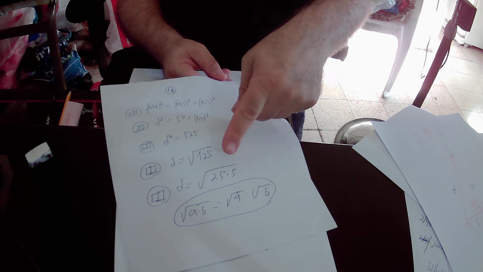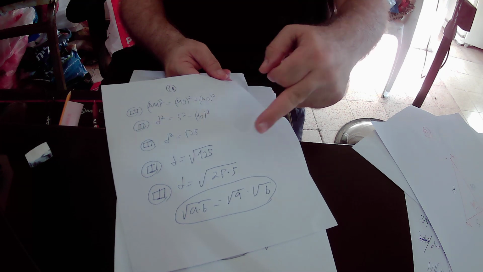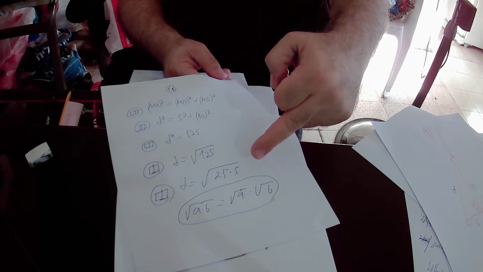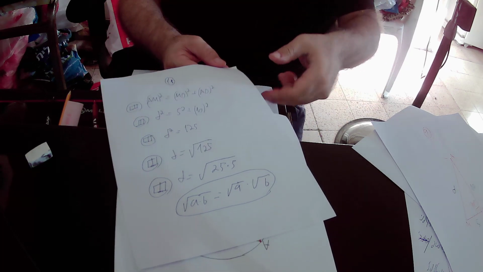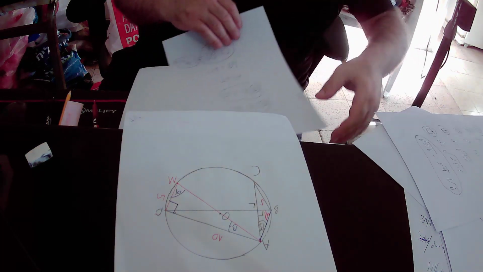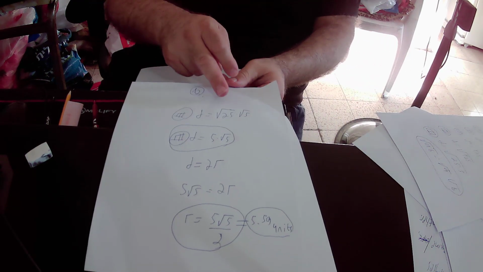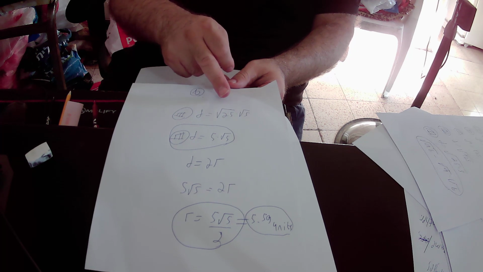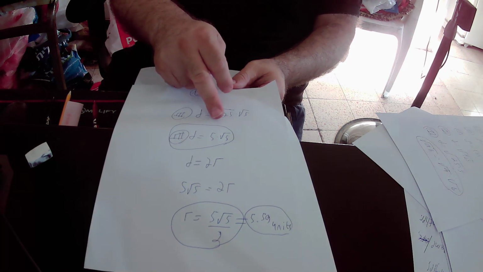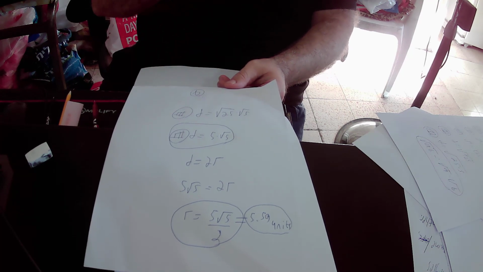We can separate the root into 2 roots, according to the rule that root of A times B equals root A times root B. So we got that D equals root 25 times root 5. The root of 25 is 5. So D, the diameter of the circle, equals 5 times root 5.